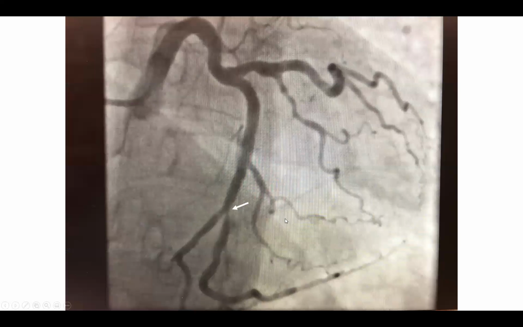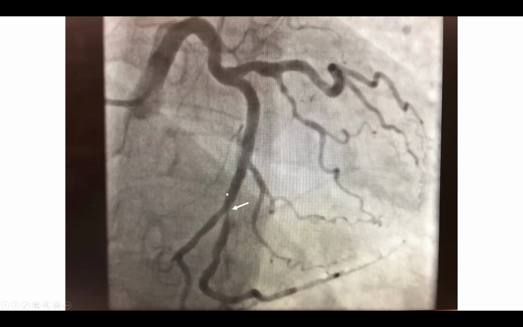This is another case. This is also not much talked about. This is what we call the 001. It's isolated side branch stenosis, where the side branch, this is again OM circumflex, is as important as the circumflex.